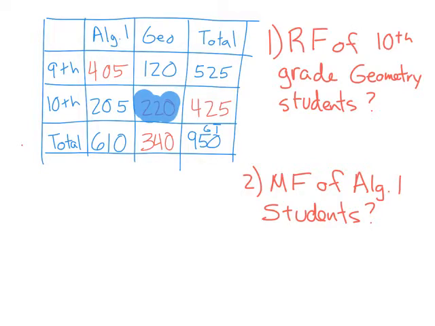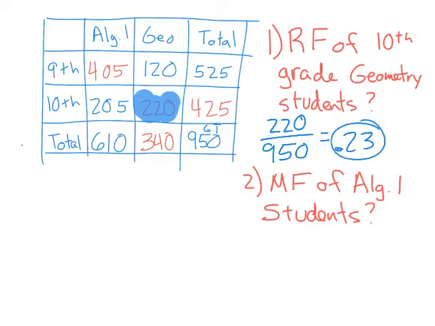So I have 220 students in 10th grade geometry divided by the grand total. Remember, the grand total is always the number that's on bottom. So I have 220 divided by 950 students, and I get 0.23 as my relative frequency of 10th grade geometry students.